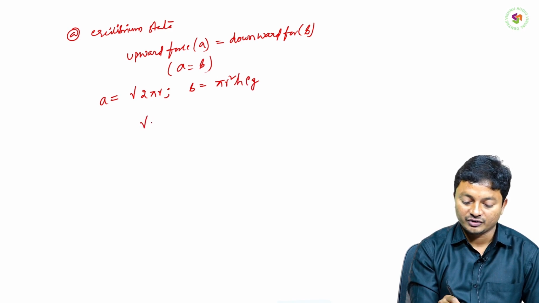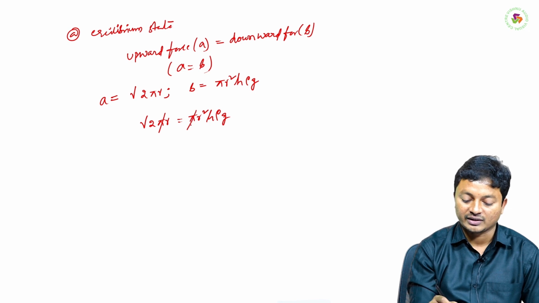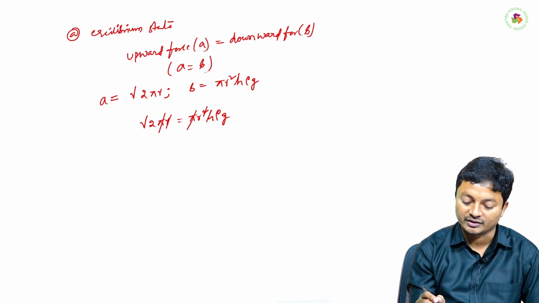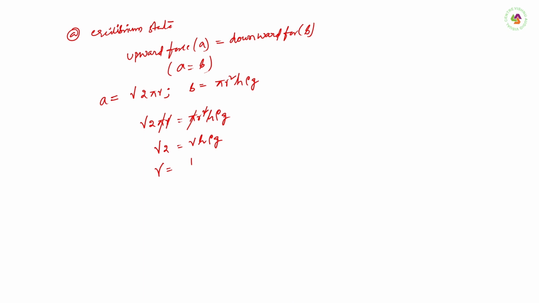Now pi gets cancelled, and one r gets cancelled, so remaining is gamma 2 equals r h rho g, and gamma equals r h rho g divided by 2.